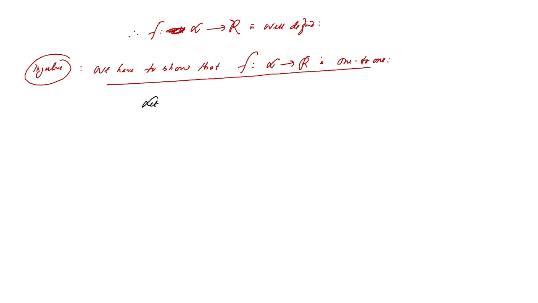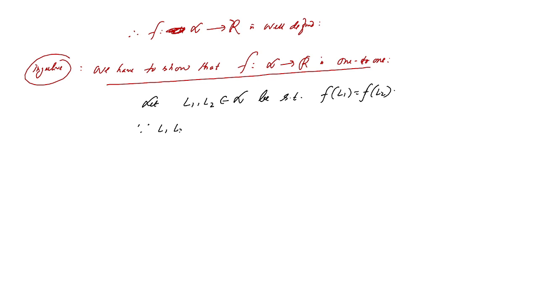Let the set of all left cosets be L. Let L1, L2 belong to L be such that f(L1) equals f(L2). Now, we will show f(L1) equals f(L2) implies L1 equals L2.